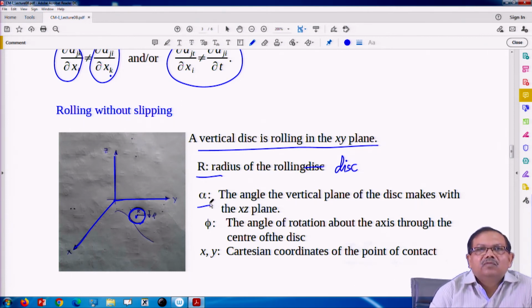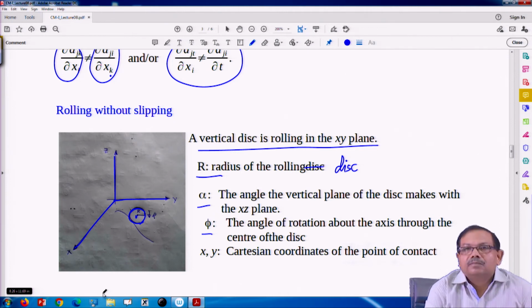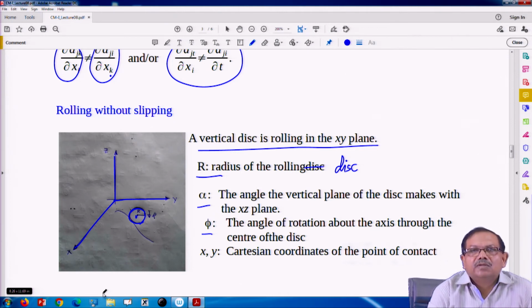And now there is phi. Well, the disc is rolling, so it is rolling about its axis, which is now horizontal. So, about a horizontal axis it is always rolling. So, there is another coordinate phi. Suppose I mark a radius on the coin in some color, blue or something.